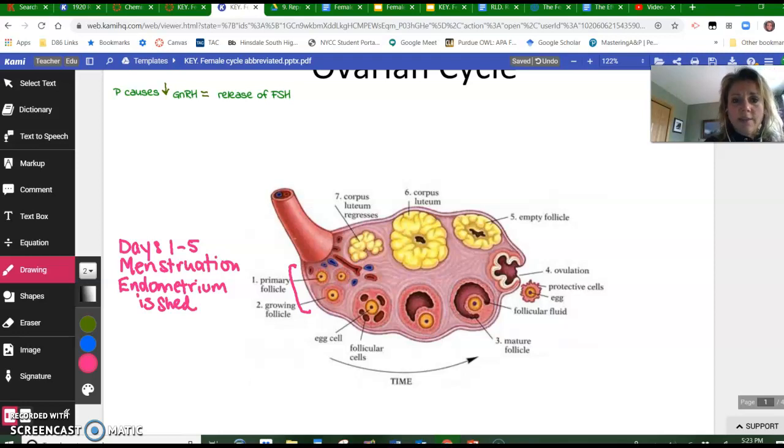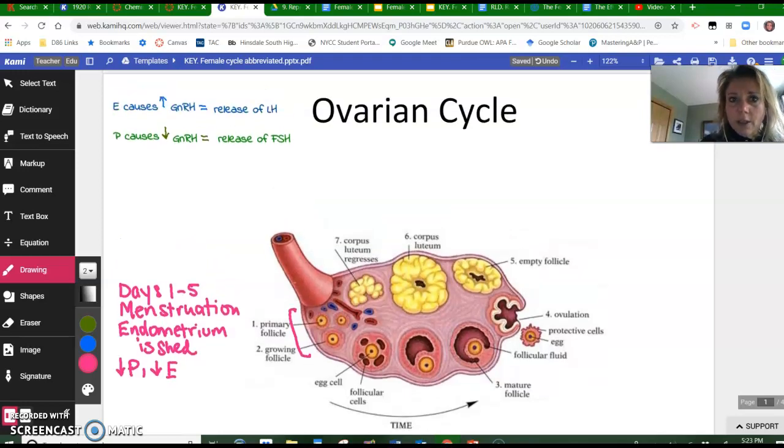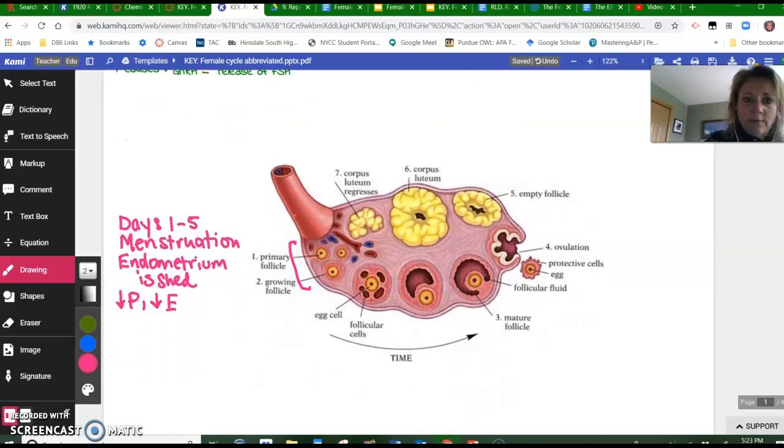And during this time, because we don't have a large corpus luteum, we are going to have diminished amounts of progesterone, diminished amounts of estrogen. And so if we look back up at our little thing here, this progesterone and estrogen together, these low amounts, they are going to decrease the amount of luteinizing hormone.